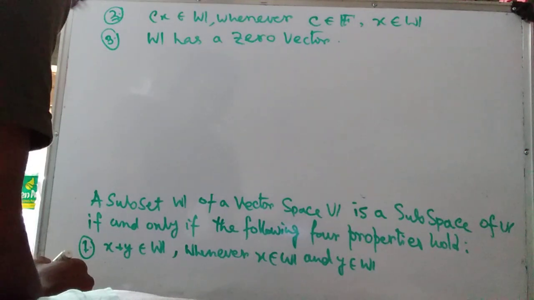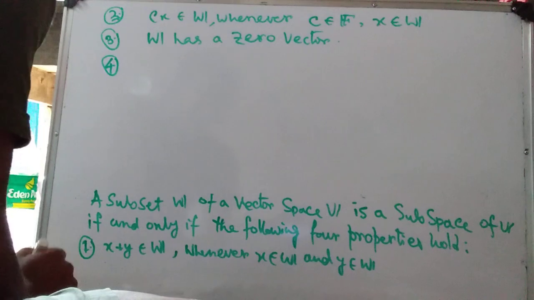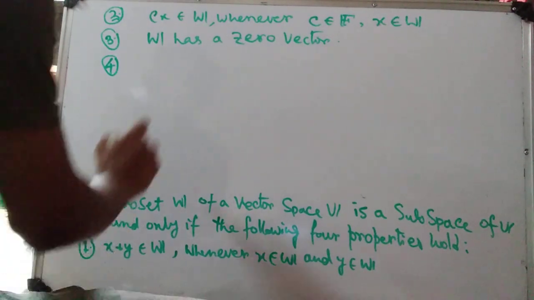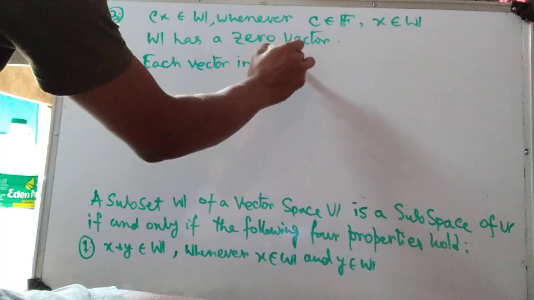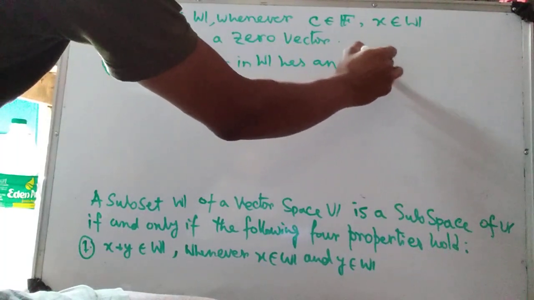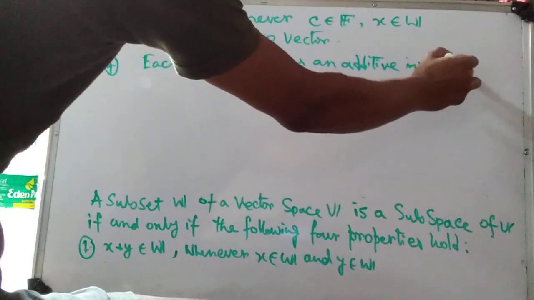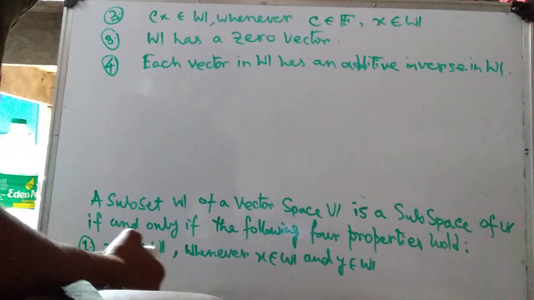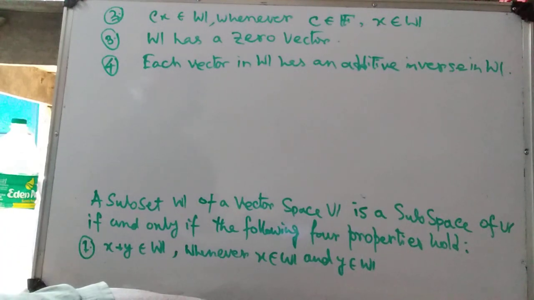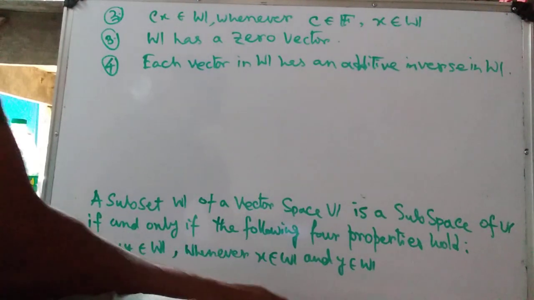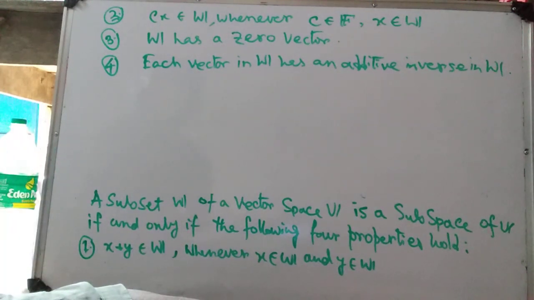And four: each vector in W has an additive inverse in W. These four properties relate to W being a subspace of V. If W is a subspace of V, then these properties are satisfied.